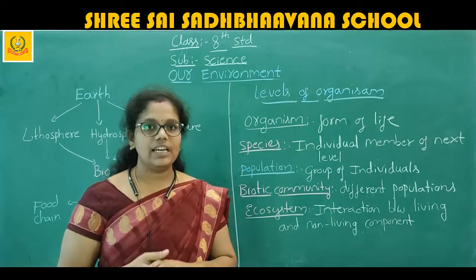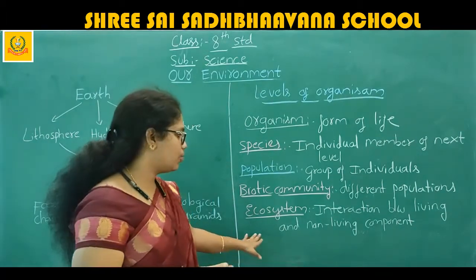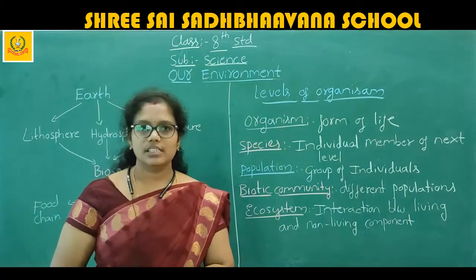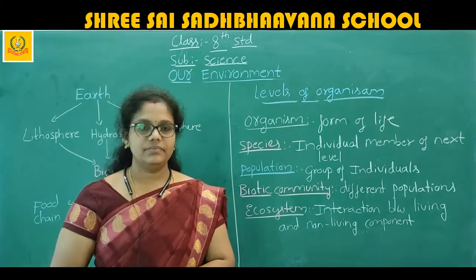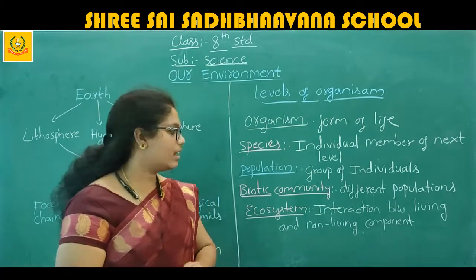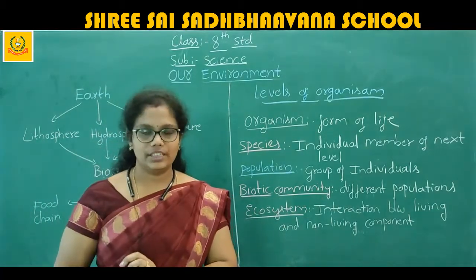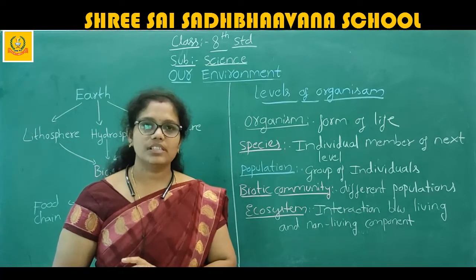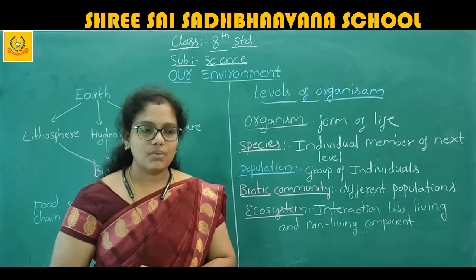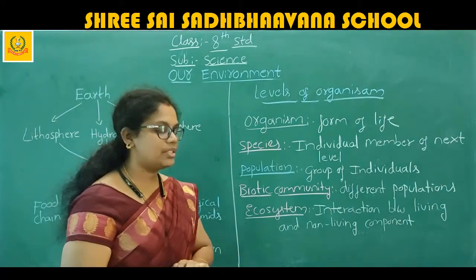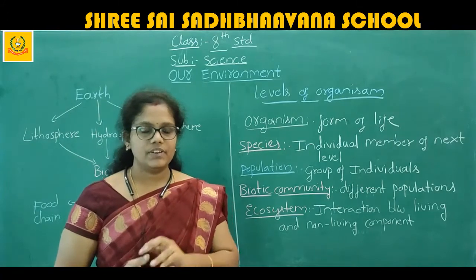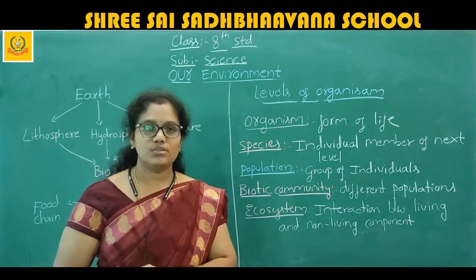The interaction between the living and non-living components we call an ecosystem. What is an ecosystem? The study of interaction between the living and non-living components is known as an ecosystem. Now we are going to discuss the types of ecosystem. What are the important types of ecosystems?